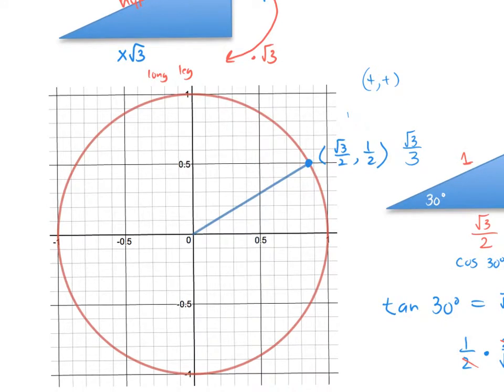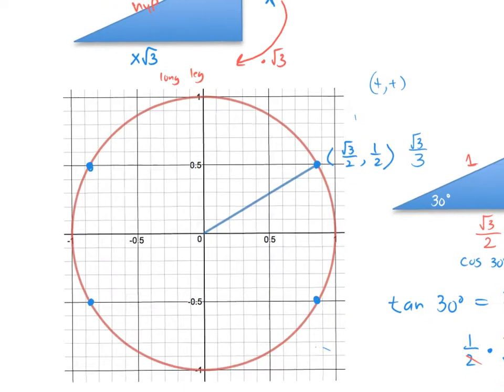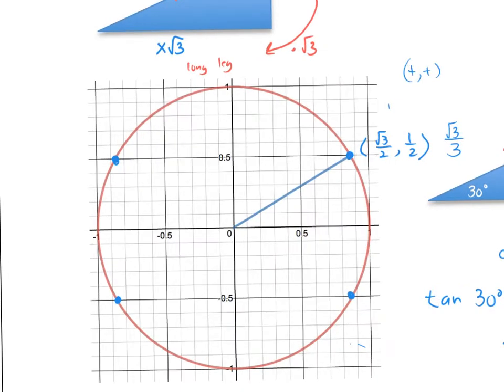Okay. Now we can find the corners. Here, and here, and here. Straightforward. We know those points just by taking the opposites where appropriate. Again, the cosine's got to change here, so that becomes a negative radical 3 over 2.